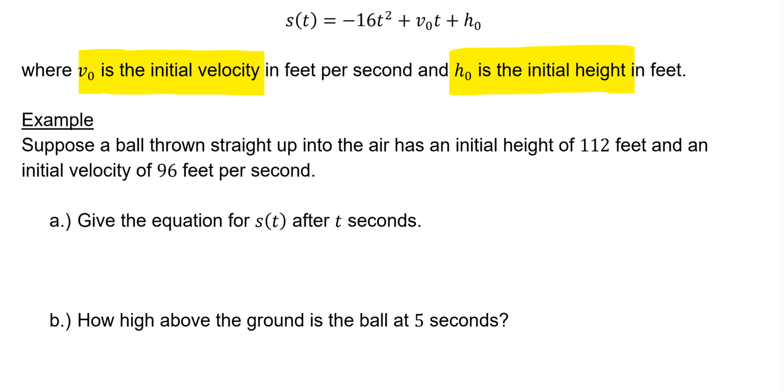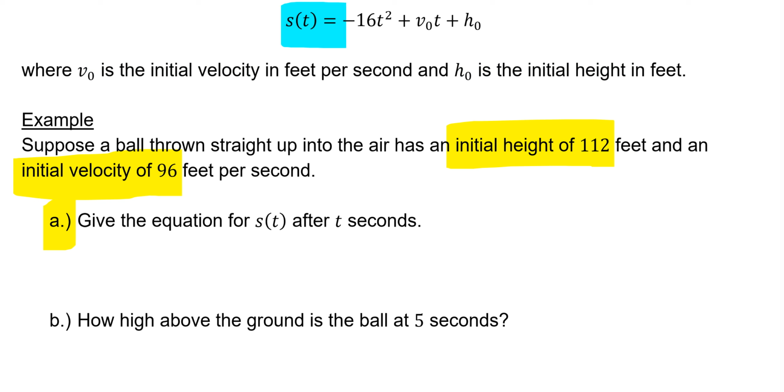So suppose a ball is thrown straight up into the air. It has an initial height of 112 feet, an initial velocity of 96 feet per second, and we want to find the equation s of t after t seconds. So all we have to do is write this equation down and plug in the initial height and the initial velocity.